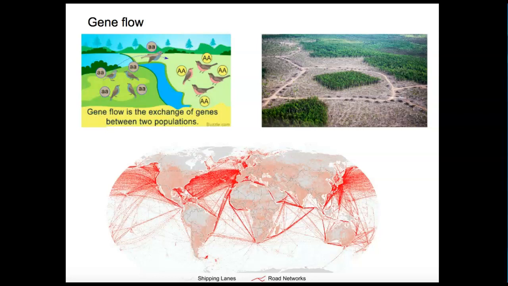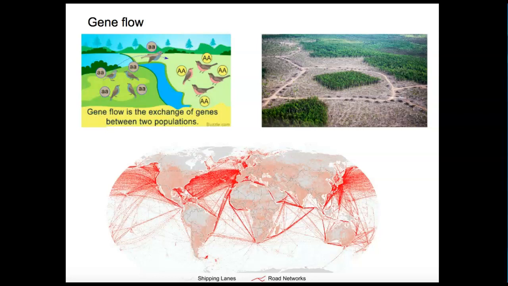If you look at the picture on the bottom of the slide, when we think of humans moving around the planet, these are shipping lanes and road networks that move humans and other goods around the globe. And so when you have a lot of movement of humans, you have other things that come along with humans.